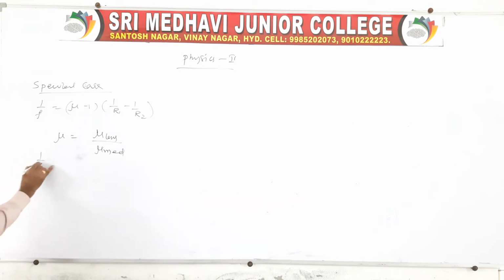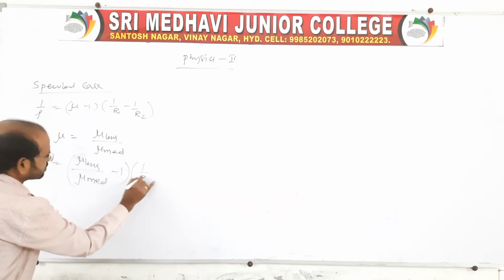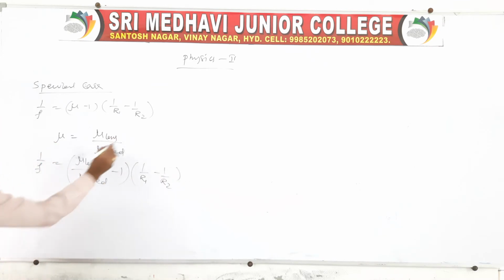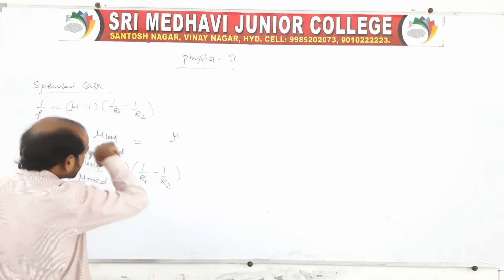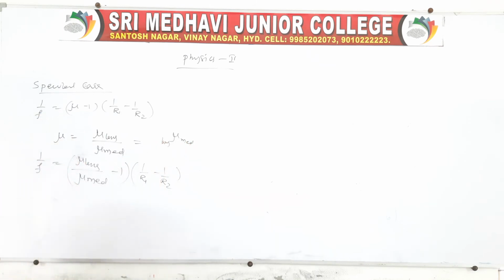So here you write 1 by f is equal to mu lens by mu medium minus 1 into 1 by r1 minus 1 by r2. That means mu lens by mu medium is with respect to the medium to lens, because the light ray is propagating from medium to lens. So this is one formula related to the special case.